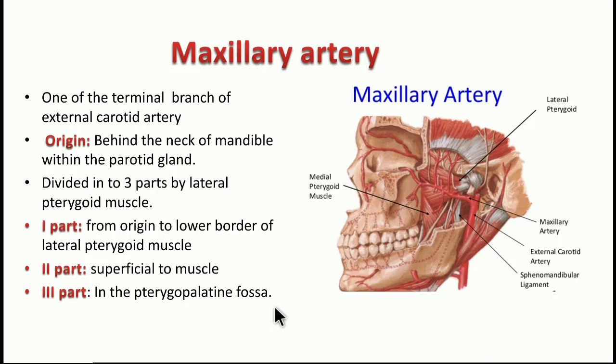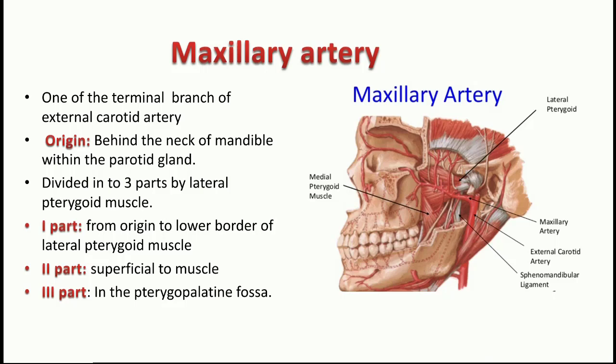If you are well versed with the pterygopalatine fossa, then naturally you will understand the third part of the maxillary artery very easily. Not only that, even the maxillary nerve branches and the branches of the pterygopalatine ganglion are well understood once you are familiar with the pterygopalatine fossa and its various communications. So better have a quick look at the pterygopalatine fossa.